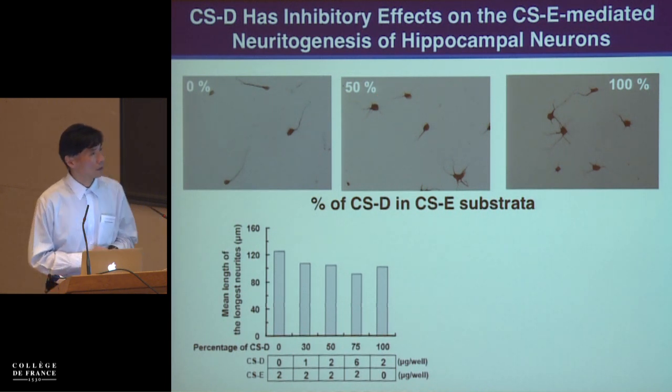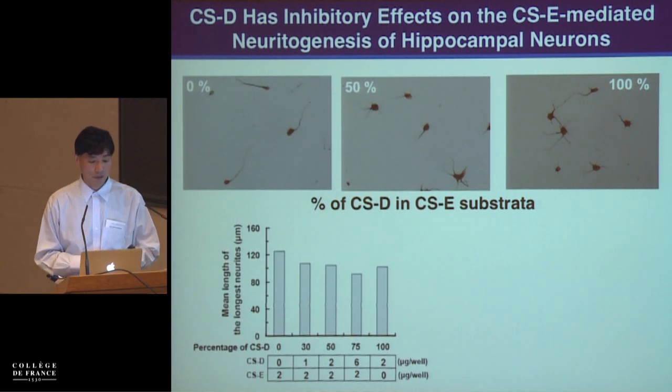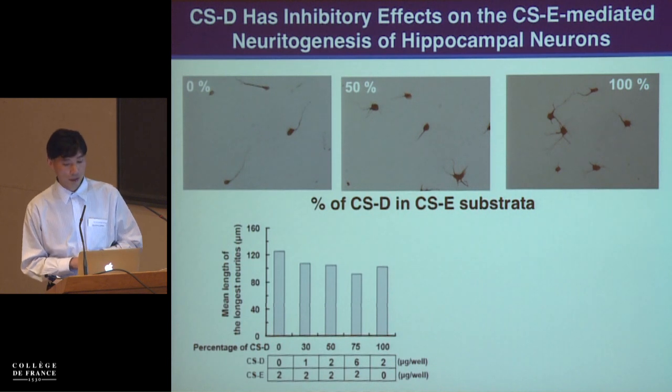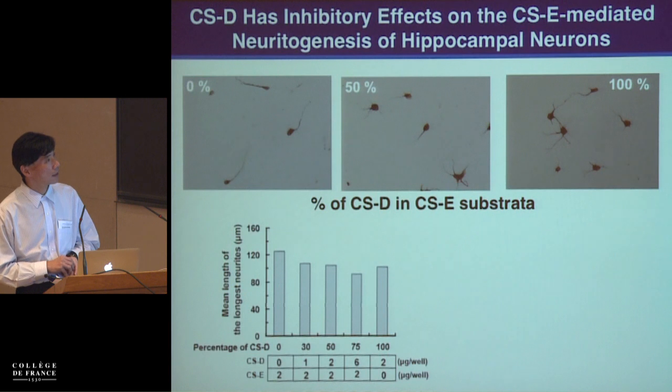Therefore, chondroitin sulfate D has inhibitory effects on the chondroitin sulfate E-mediated neurogenesis of hippocampal neurons.